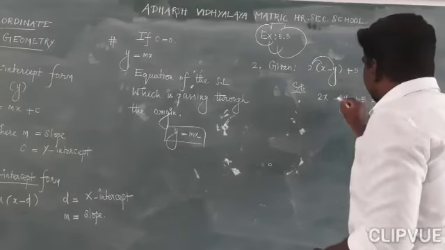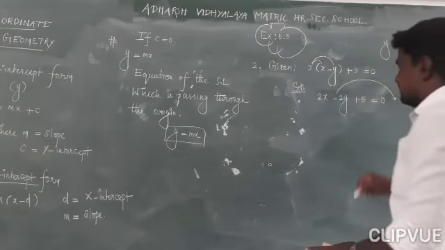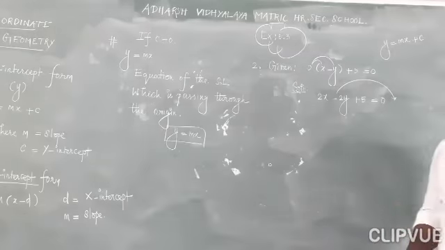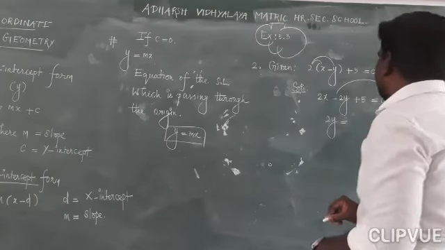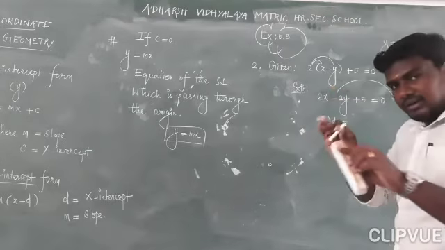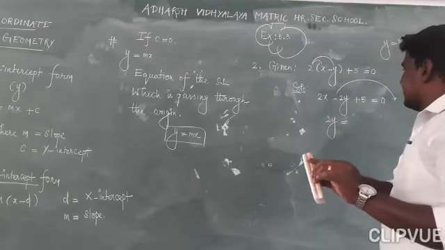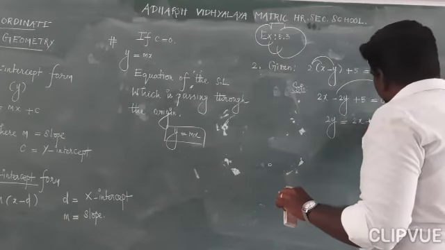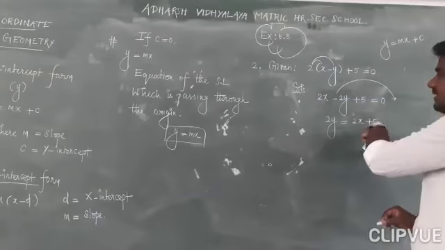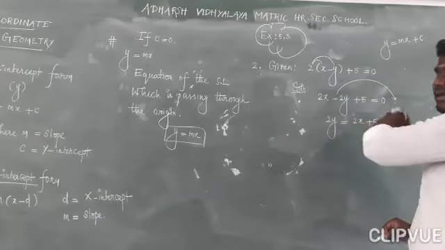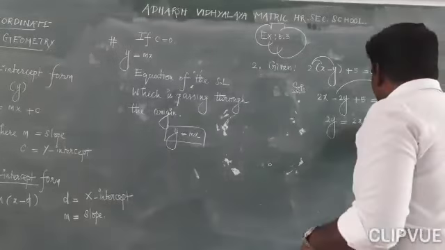It is better to take the minus 2y to the right hand side because the minus term becomes a plus term, you know. So 2y is equal to, the other terms are on the left hand side, so 2x plus 5. There is no change in their signs. So 2y is equal to 2x plus 5.